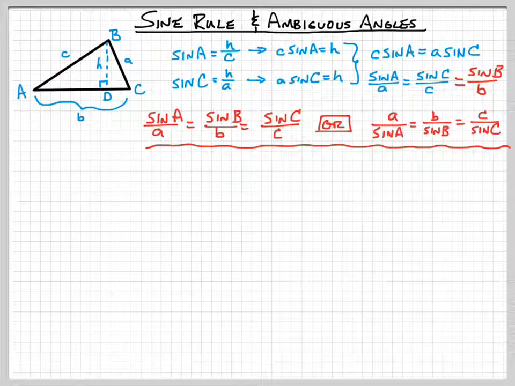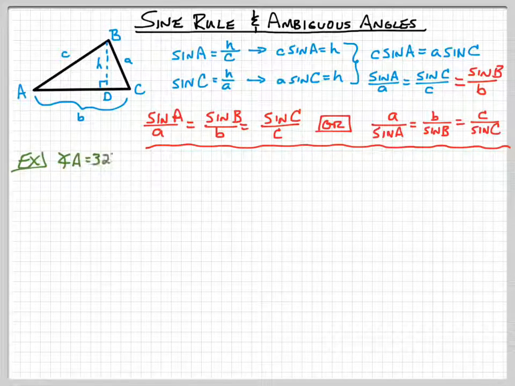You can't switch them. So you can't have side A over sine A and sine B over side B mixed together. Hopefully you can distinguish the differences. It's very similar sounding. But let's look at an example.